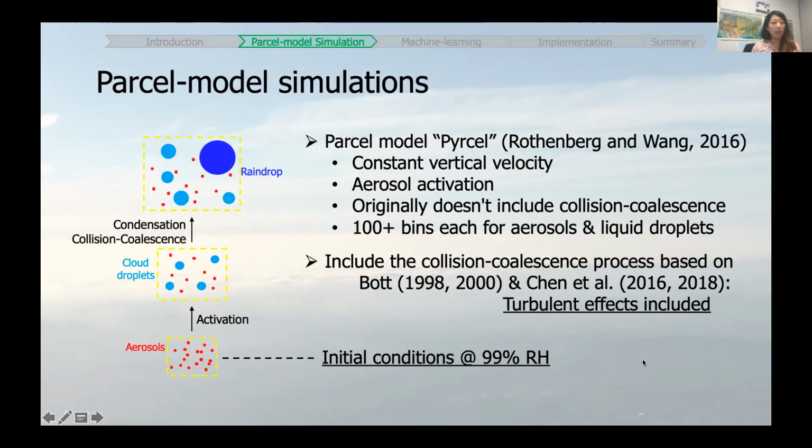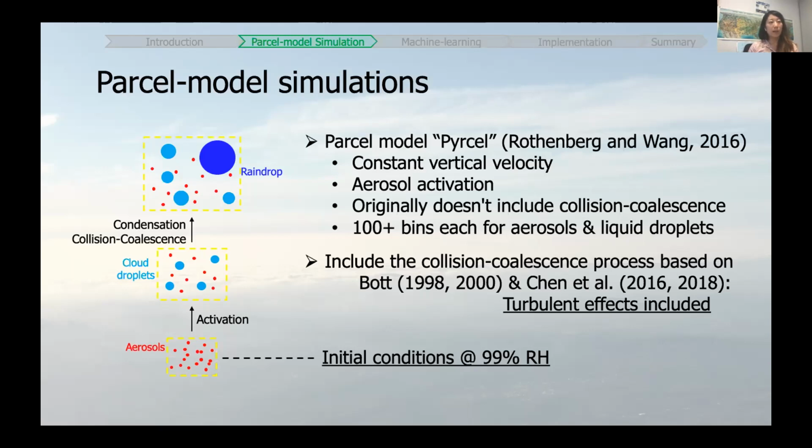So this Parcel model that I'm using is named Parcel. That was developed by Jiang and also his former student. It has a constant vertical velocity, and at the beginning, there are only aerosols. There are no cloud droplets at the beginning. This Parcel model originally didn't include the collision coalescence process, but I included it. And like I said, it's a bin microphysics that is used in this Parcel model.